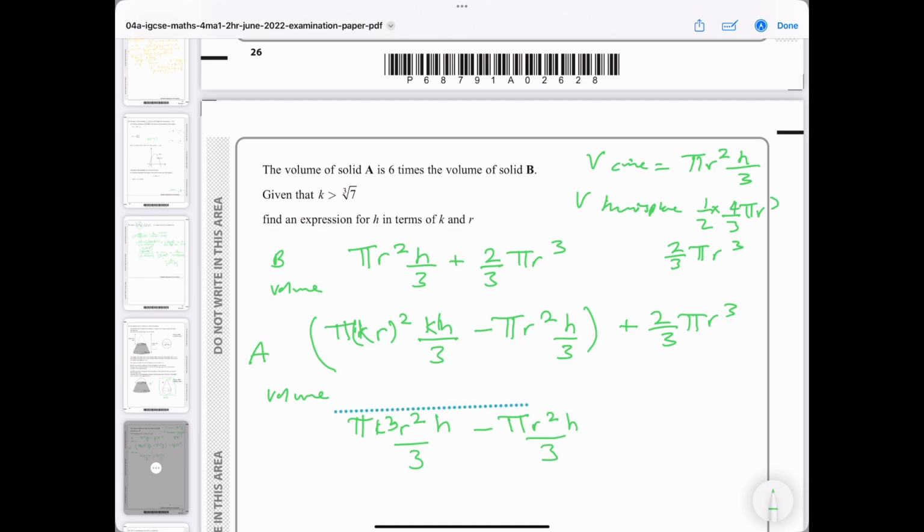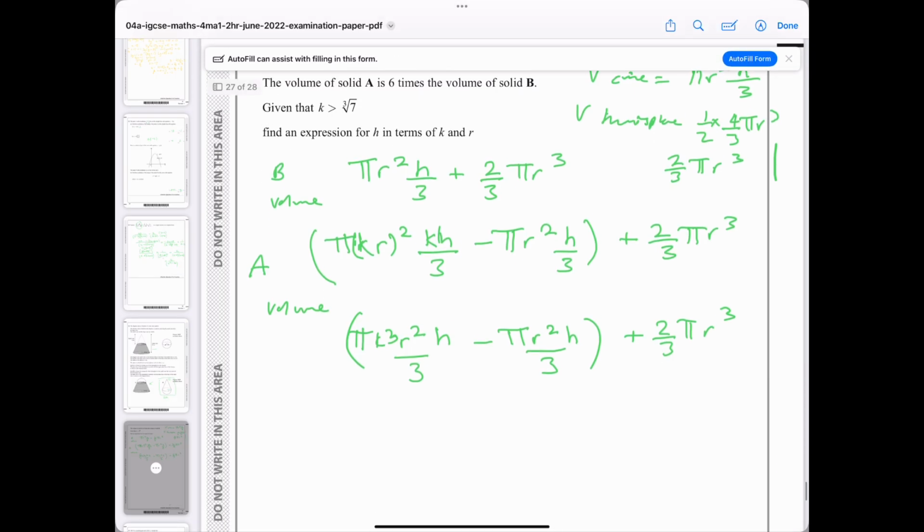So that means I could actually take that out. And then that's plus 2/3 pi r cubed. Have I done something weird? Possibly not. Okay, now I can't actually remember h in terms of k and r.